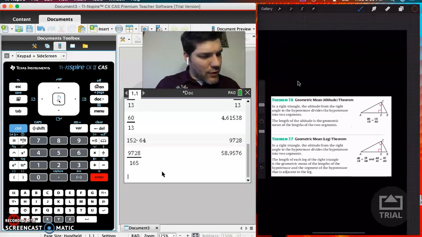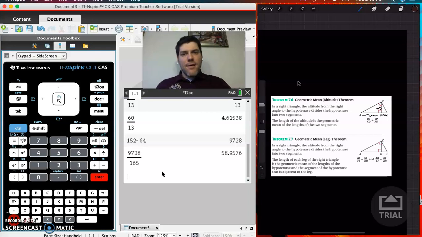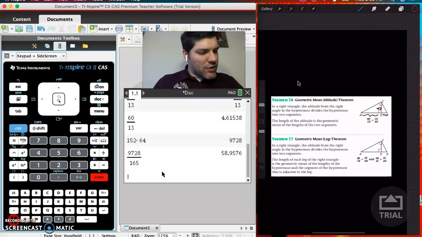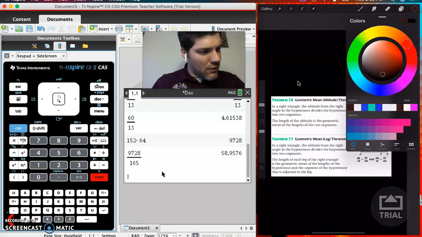A bit on the geometric mean again. This is the setup for it. In a right triangle, the altitude from the right angle to the hypotenuse divides the hypotenuse into two segments. The length of the altitude, this area right here, is the geometric mean of this area and this area. We can go and create that, which I'm going to do here in a second. In fact, let's just do it now.